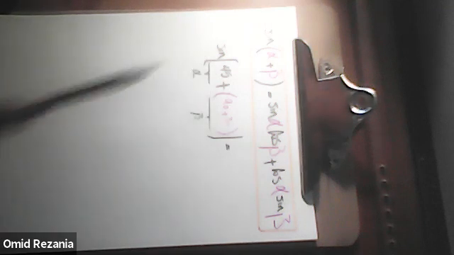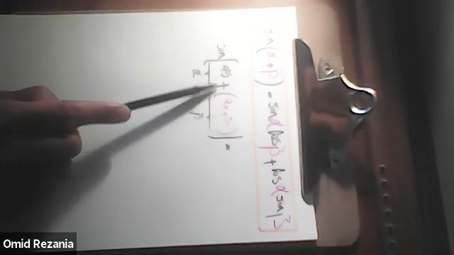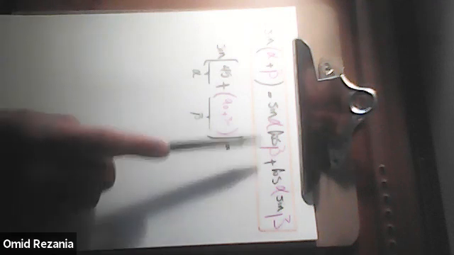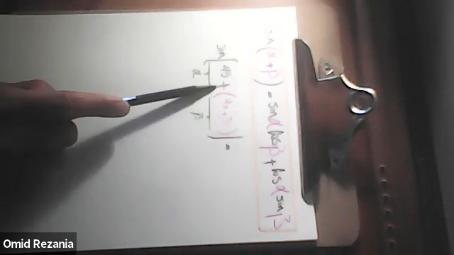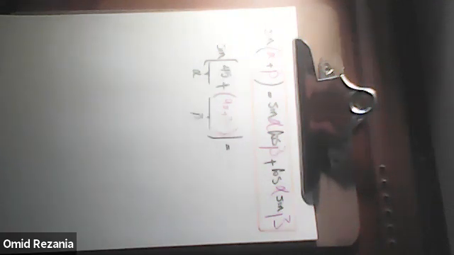Two angles not multiplied. Two angles which are summed. If they were multiplied, you do not use this one. Only if they are summed or there is a difference between them, I use this formula.